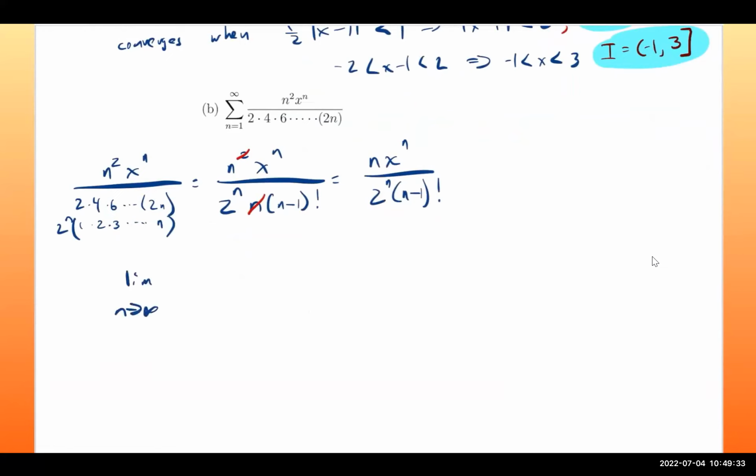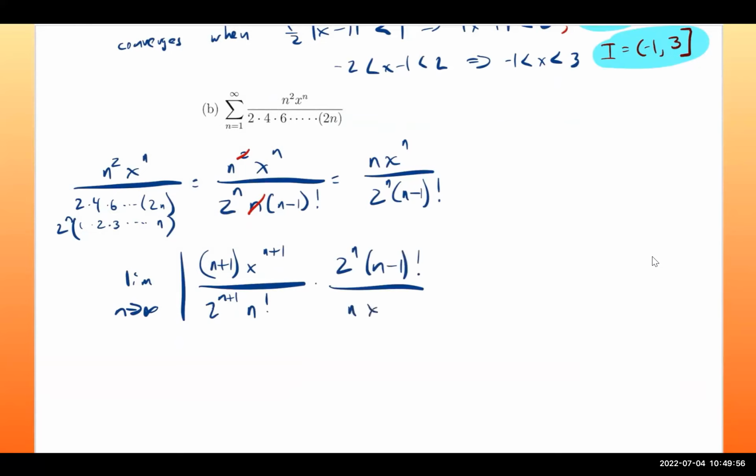So if you do the ratio test, you're going to get n plus 1, x to the n plus 1, over 2 to the n plus 1, n plus 1 minus 1 is just n factorial, times the reciprocal. There we go. So once again, a lot of cancellation. Let me show you what's happening here.